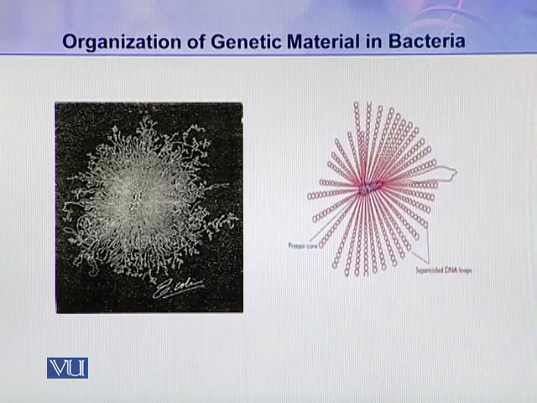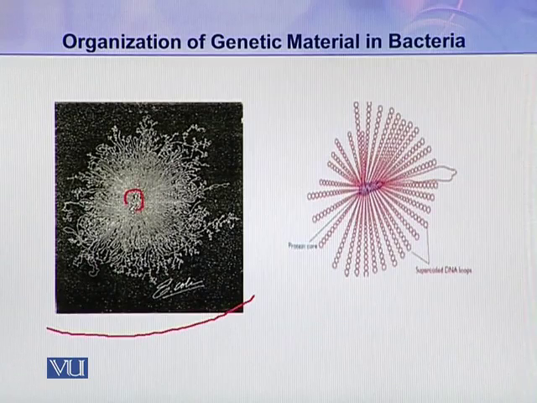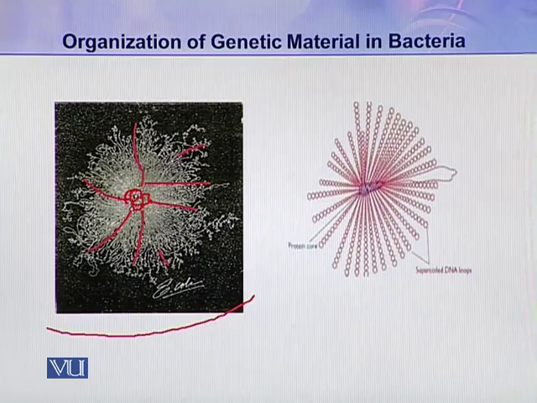For example, here you can see the electron micrograph of chromatin, and in this chromatin there is a central portion, and from this central portion several loops are emerging.